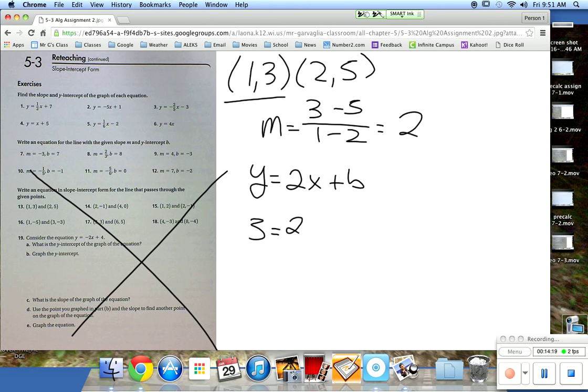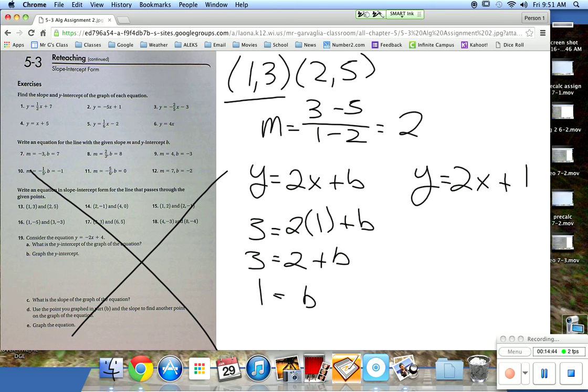My x is 1 plus b. 3 equals 2 plus b. b equals 1. I've got my slope, 2. I've got my b of 1. I'm going to rewrite this equation. Y equals my slope of 2, x plus my b, which is 1. There's your final answer.